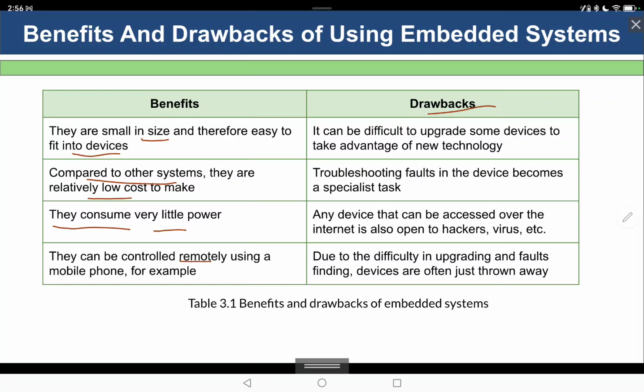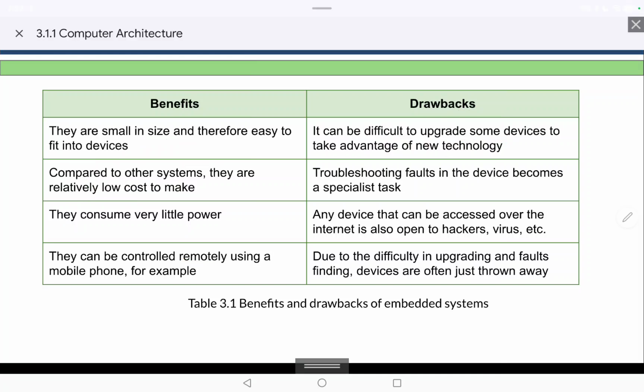Then the drawbacks: it can be difficult to upgrade some devices to take advantage of new technology. If the device is non-programmable, it cannot be upgraded. Also, troubleshooting faults in the device becomes a specialist task, meaning that to make changes in the device, we need to get someone who has knowledge of the device.